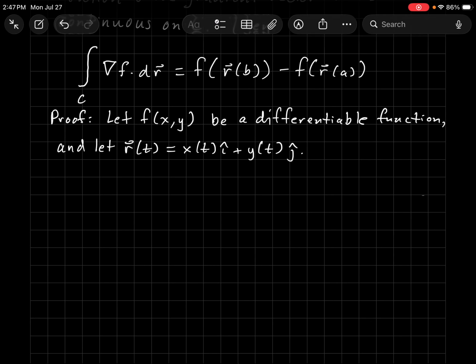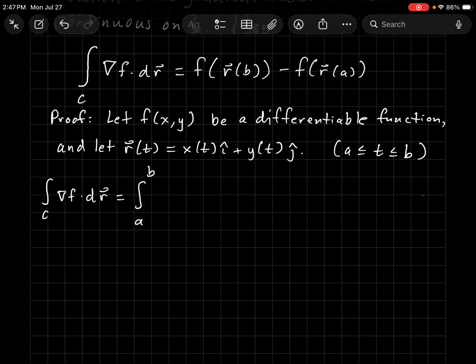So we can rewrite our integral, the gradient of f, remember that's a vector, dot dr, so we're going to be doing a dot product in just a bit. But let's rewrite this first as the integral from t equals a to b of the gradient.